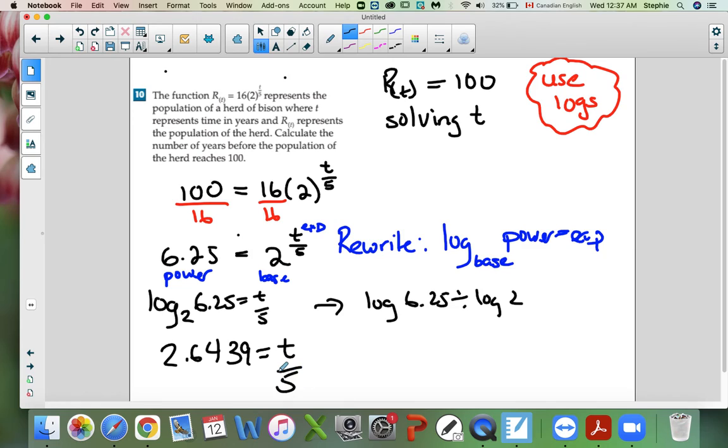That equals t over 5. Now I'm going to cross multiply, and I do this times this, and I get t is equal to 13.22. And there's your time in years, I believe. There we go. And that's how you solve it using your log.